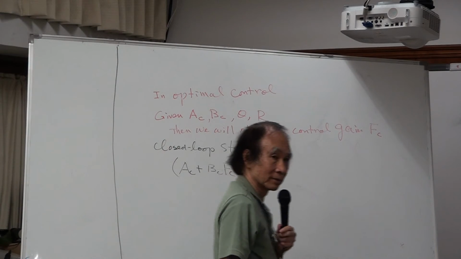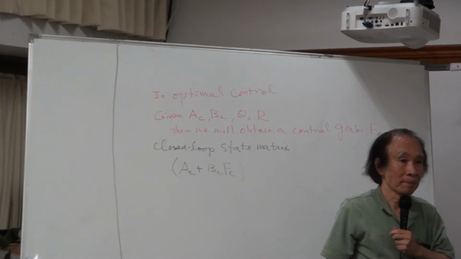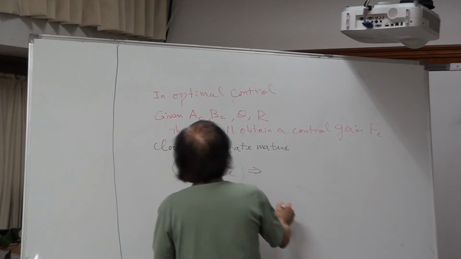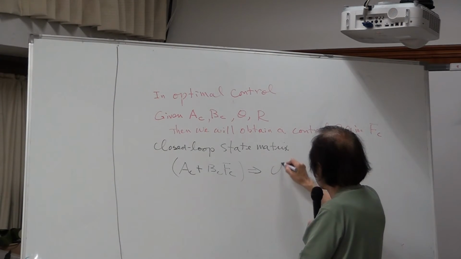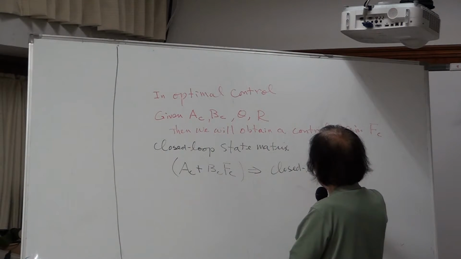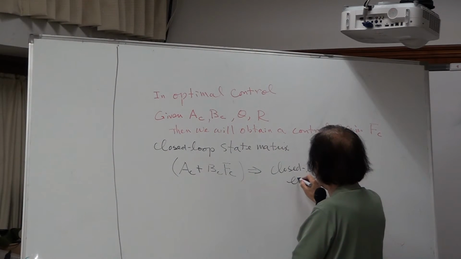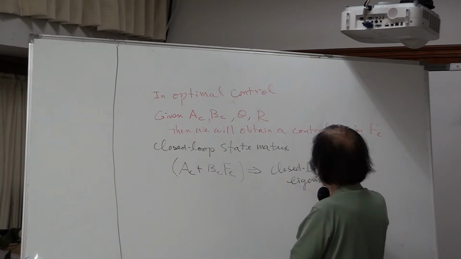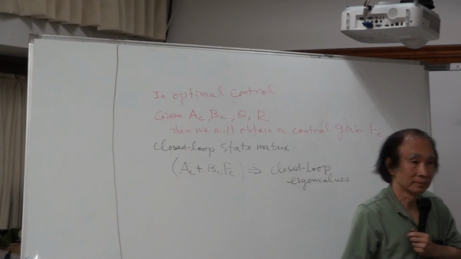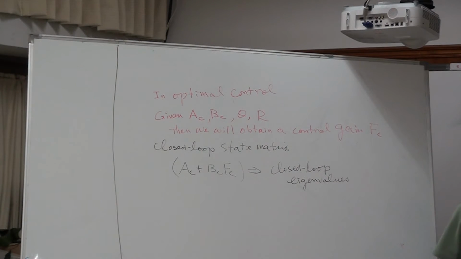That's my closed loop. Agree? Then from here, we have the closed-loop eigenvalues. Agree?